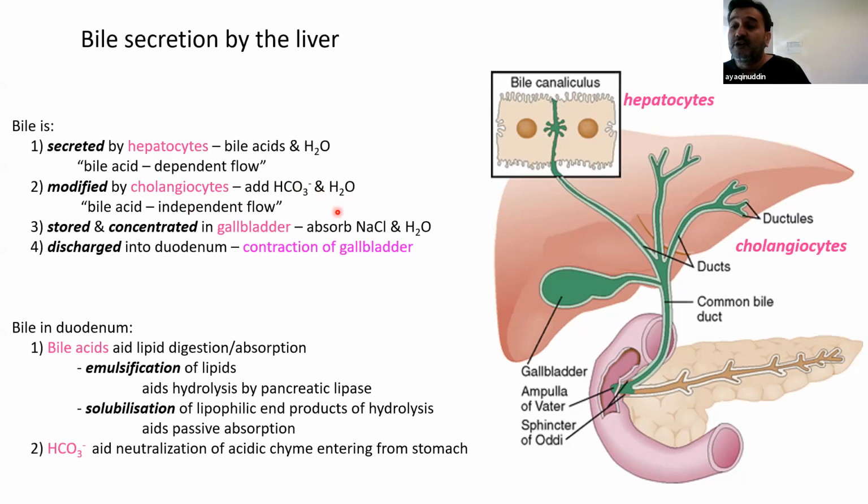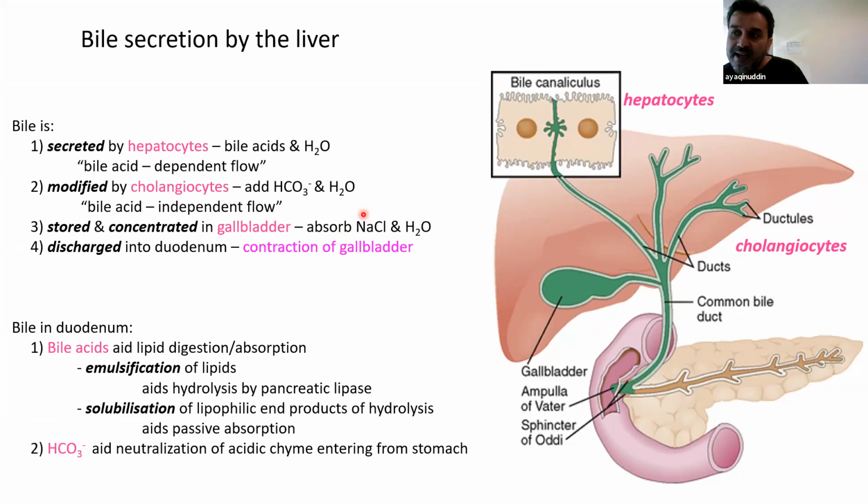Then normally the sphincter of Oddi is closed, so this bile cannot pass from the biliary apparatus into the duodenum. So it goes back and gets stored in the gallbladder, where it is not only stored, but concentrated by the absorption of sodium chloride and water.